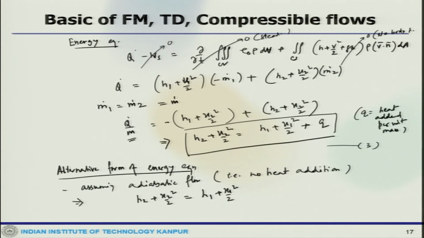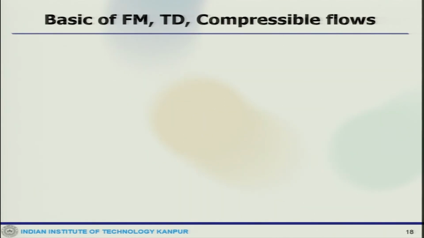Considering a perfect gas, where h equals Cp T, where Cp is constant, then I can write Cp T1 plus u1 square by 2 equals Cp T2 plus u2 square by 2.